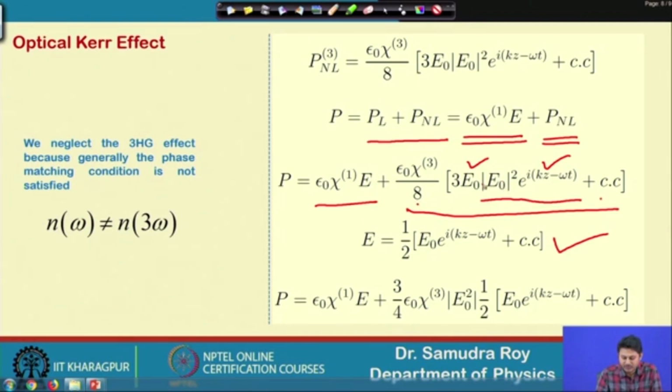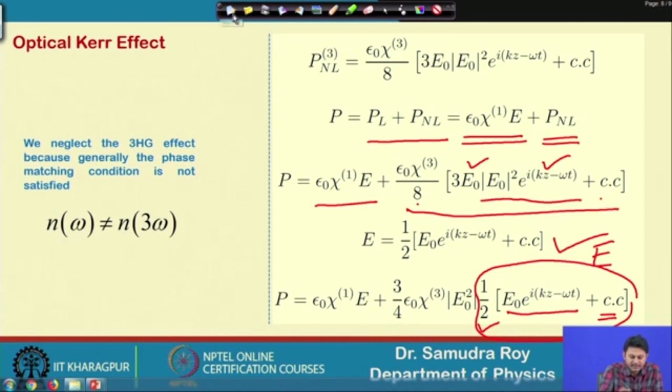So, if I take E 0 common from that, then this term will simply become half E 0 e to the power i (kz minus omega t) plus complex conjugate, and this entire term is nothing but the electric field E.